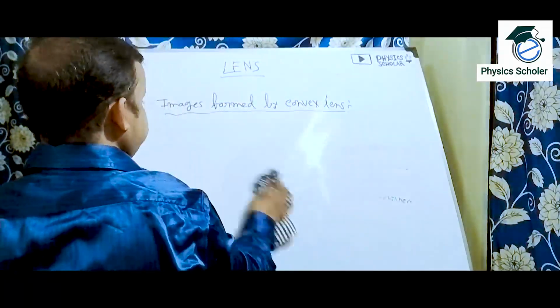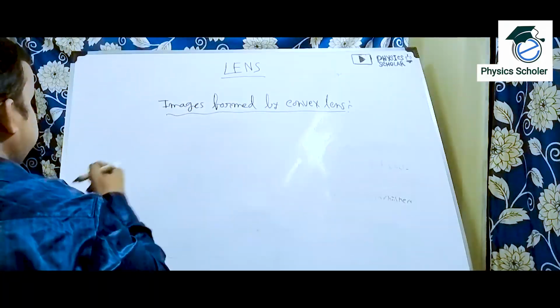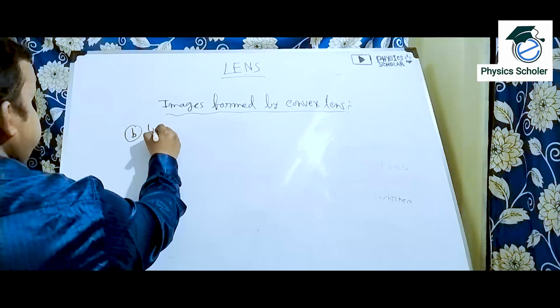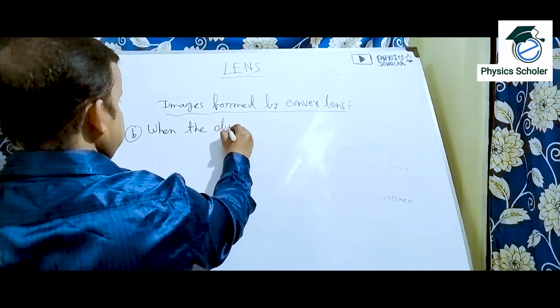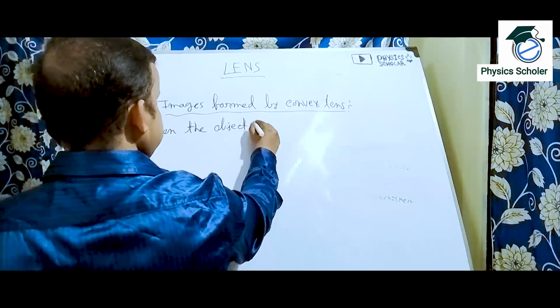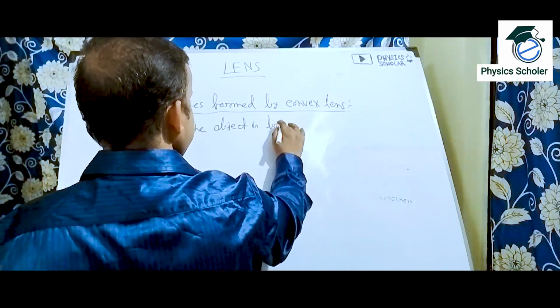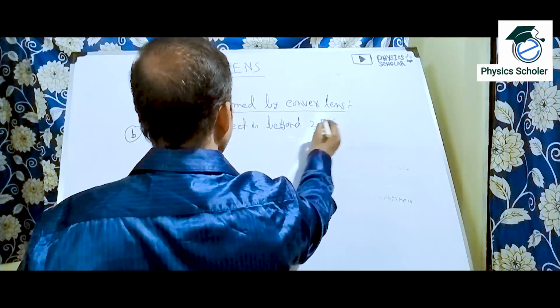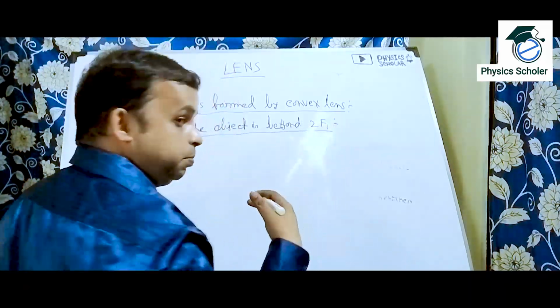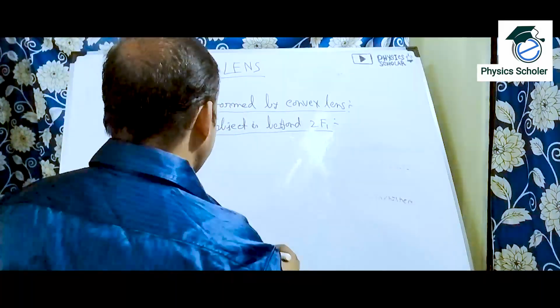Next condition. When the object is beyond 2F1. That means it is not at infinity; it is now beyond 2F1.